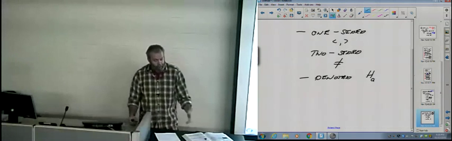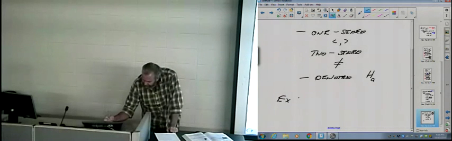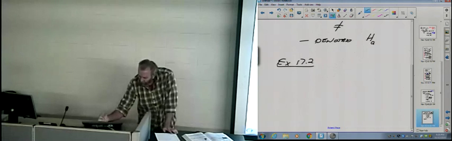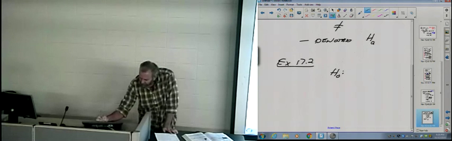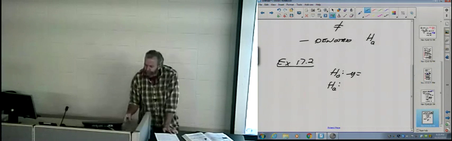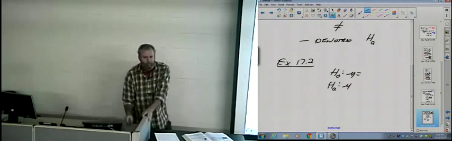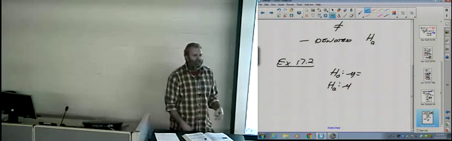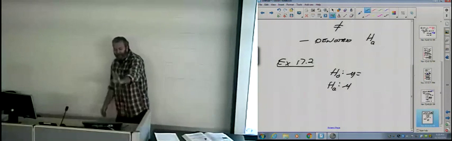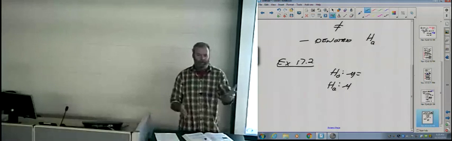Now, the problem we just did, this example 17.2. The null, I'm going to give you the little template here. When I'm dealing with a population mean, we're making claims about a population mean, that's my template. The null is mu is equal to something, and the alternative is mu.